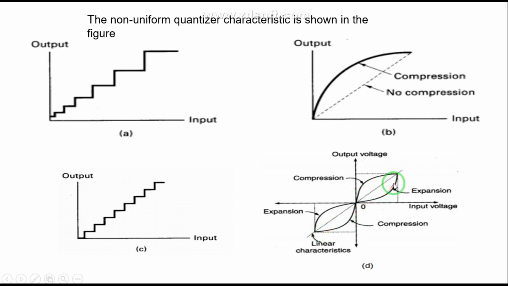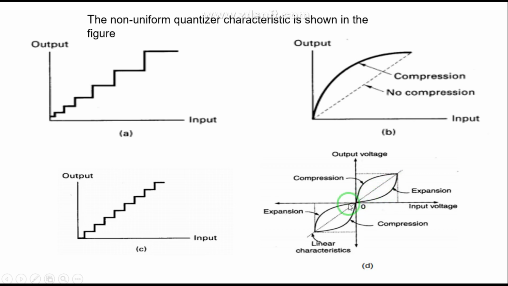Now similarly, this is going to tell you your expansion characteristic. It is exactly the inverse of your compressor characteristic. So it is going to ensure that all the artificially boosted signals from the compressor are brought back to their original amplitudes at the receiver end.